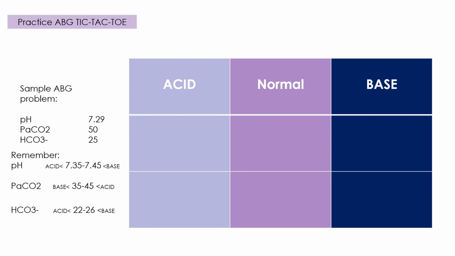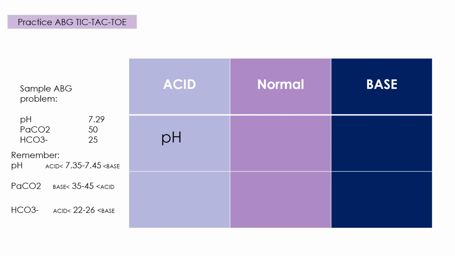Our pH is 7.29, and we have to remember our norms, which are down here underneath, right? So our pH normal is 7.35 to 7.45. So a pH of 7.29 is an acidic pH, okay?